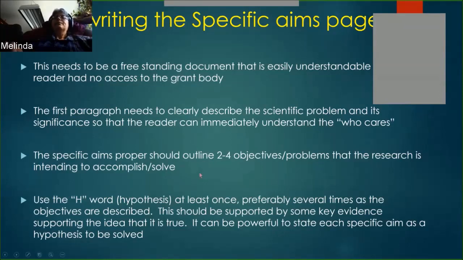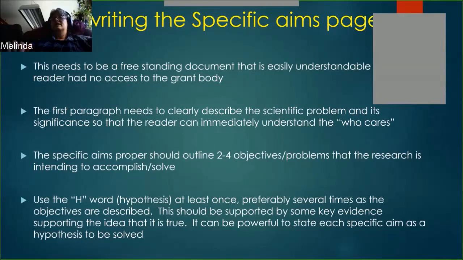Okay. Now, the specific aims proper, those are your 2 to 4 objectives or problems that the research is intended to accomplish and solve. For Ks, 2 aims is usually fine. The standard grant is kind of 3.